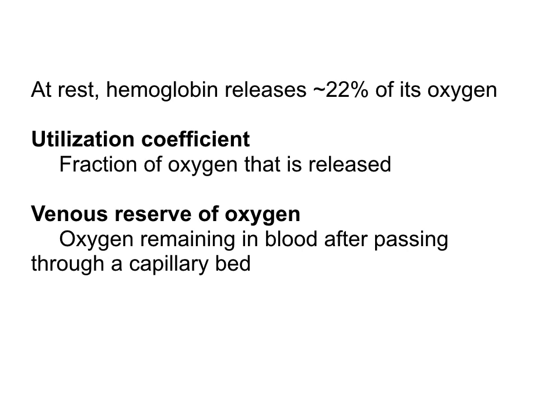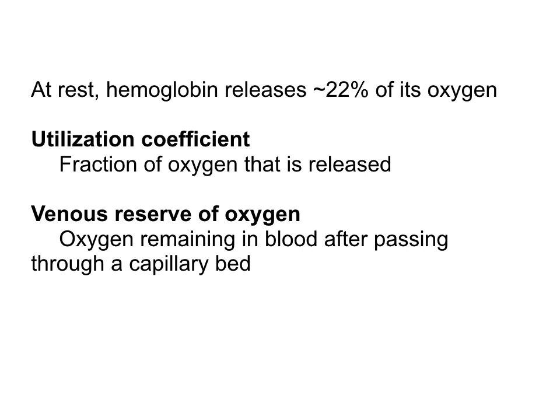Now, at rest, which is what we've been dealing with, hemoglobin only releases about 22% of its oxygen as it's passing through a body tissue, which means that the blood leaving resting tissues through your veins is still about 75% saturated with oxygen. Now, the amount of oxygen that is actually released is called your utilization coefficient.